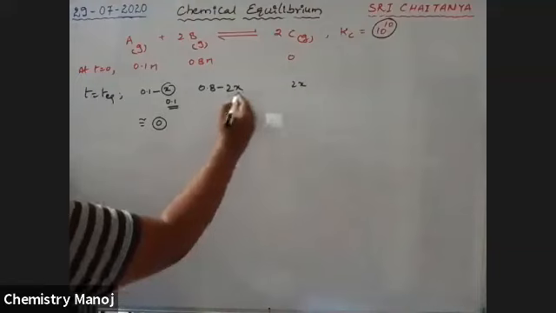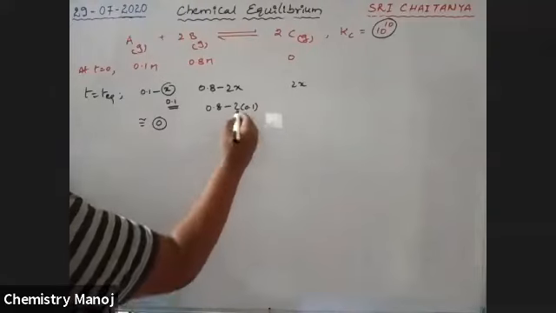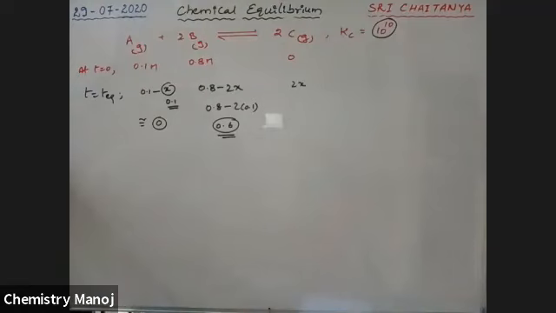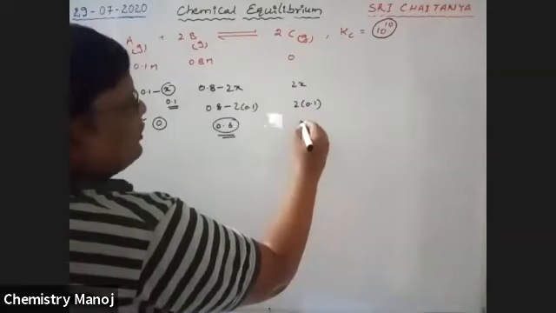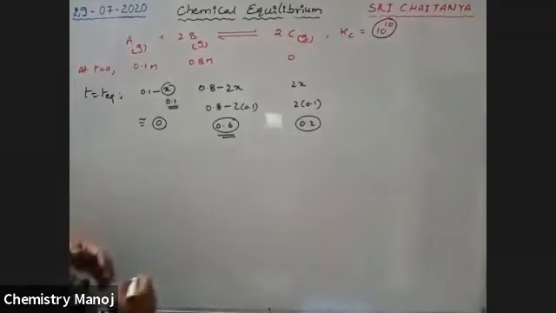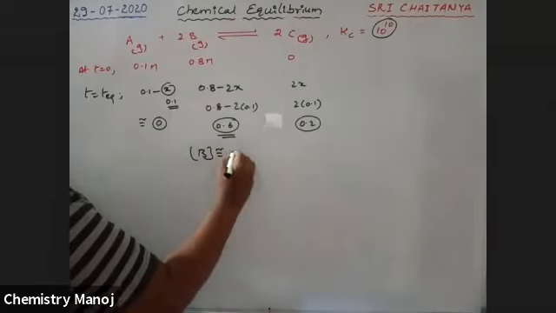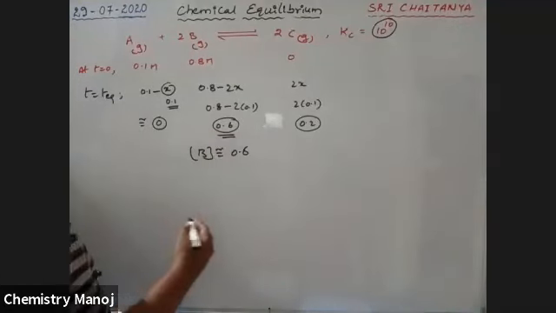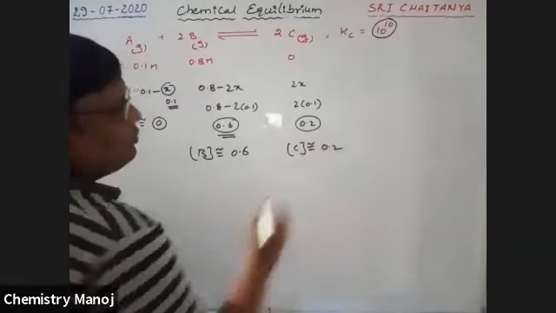Next, take that x value as 0.1. Then 0.8 minus 2 into 0.1 is equal to 0.6, the concentration of B. Now 2 into 0.1, which is 0.2, is the concentration of C. Concentration of B is nearer to 0.6, because it is almost nearer to completion, not exactly completed, boys. So the concentration of C is taken as 0.2.